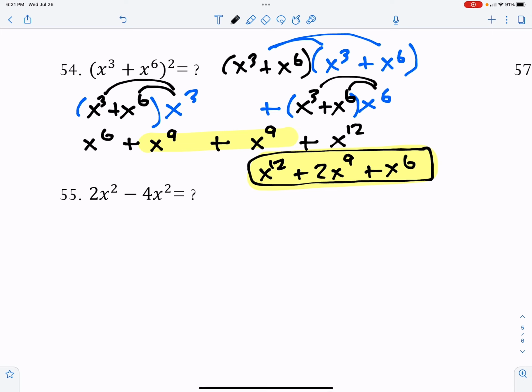Well, if we went 2x minus 4x, we would get negative 2x. Well, this is no different because those are like terms right there. So 2x squared minus 4x squared would just simply be negative 2x squared. Literally just subtract them because they are the same term, both having an x squared here.